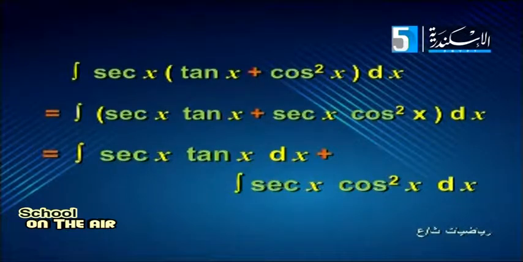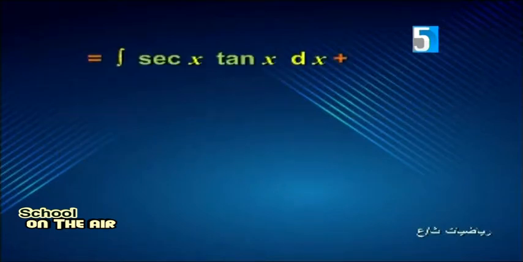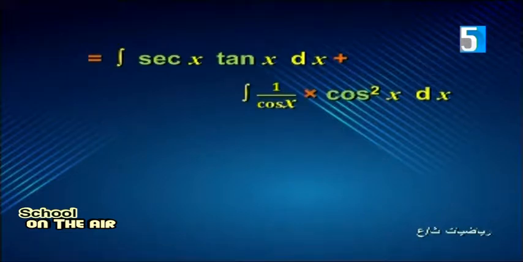We know that sec x equals 1 over cosine x. Then we can write integration sec x tan x dx plus integration 1 over cosine x times cosine power 2x dx.